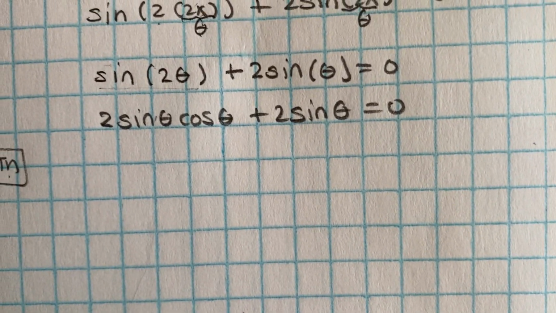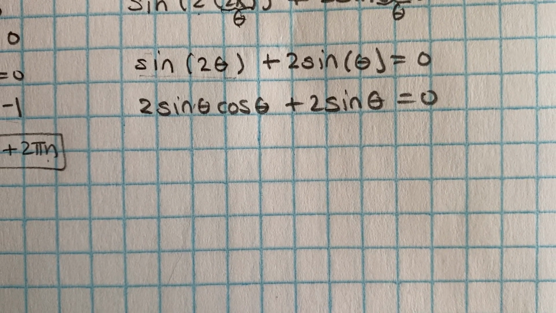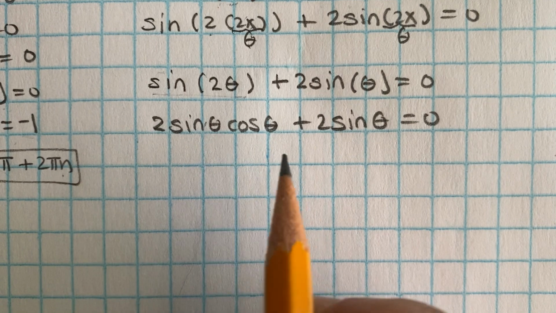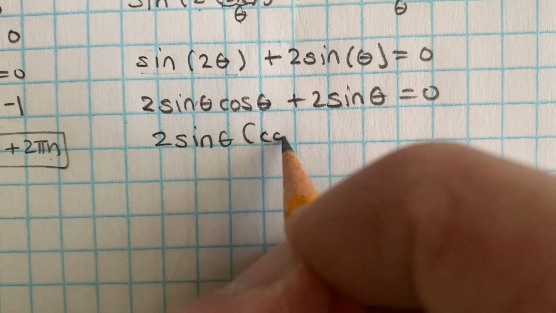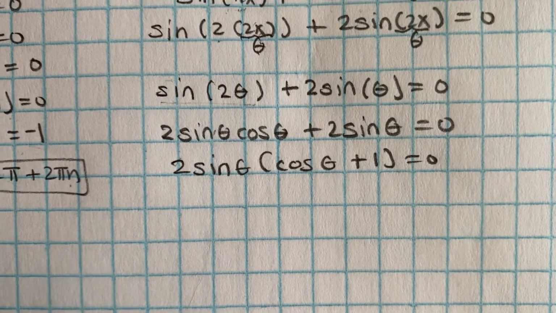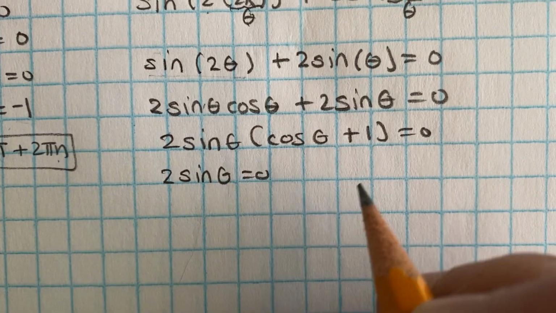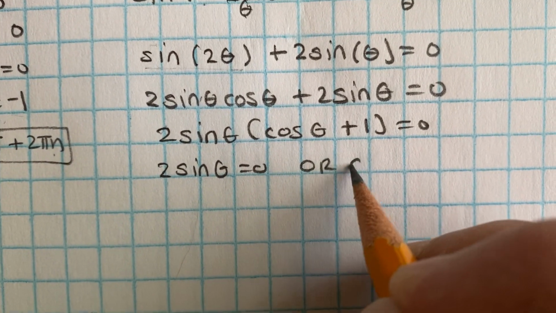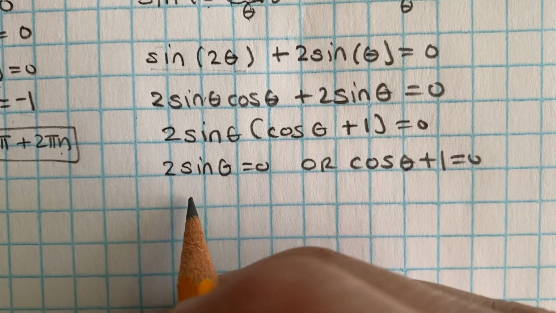And now you can use your algebra skills by factoring out the GCF. I could factor out a 2 sine theta over here and then use the zero product rule. So I'm going to have two terms. I'm going to set equal to 0: 2 sine theta equal to 0, or cosine of theta plus 1 is equal to 0.